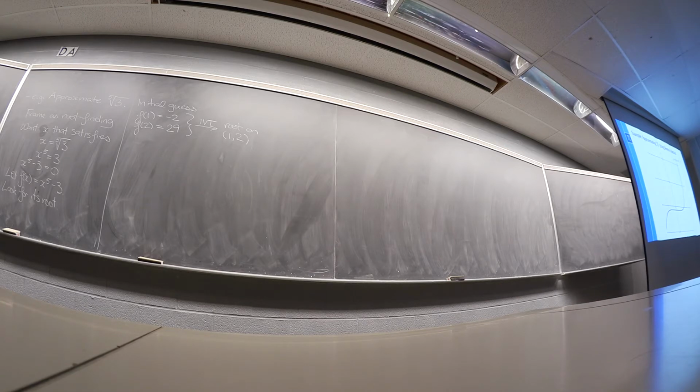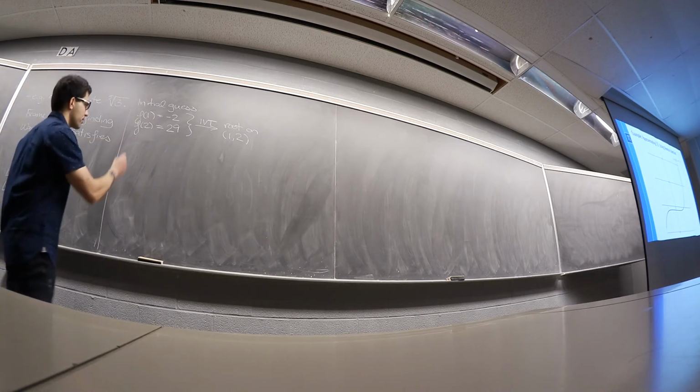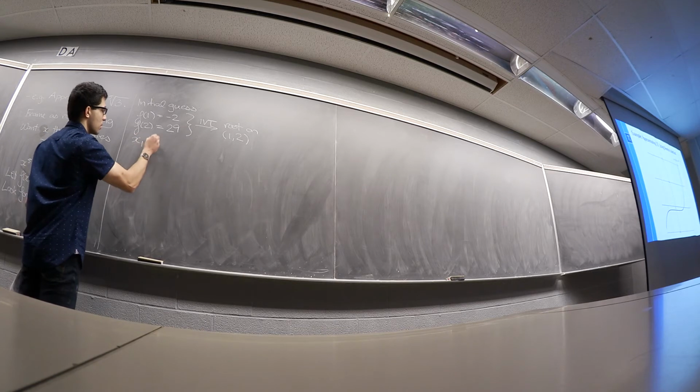That shouldn't be too surprising, either from the graph or from the fact that the fifth powers on either side of 3 are 1 and 32. So we know this has to have a solution between 1 and 2. You could just make our initial guess somewhere in the middle there, 1.5. So let's make our initial guess 1.5.